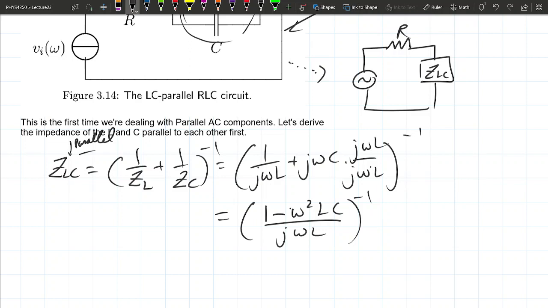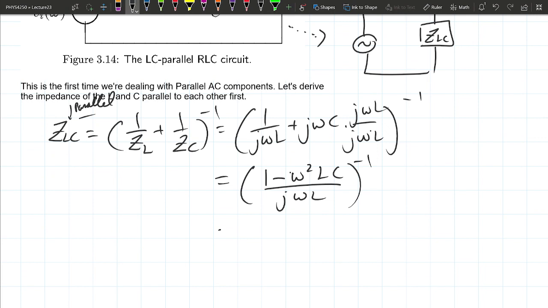So with that -1, now that we have a common denominator, we can flip the thing upside down. This is j omega L over 1 minus omega squared times LC.